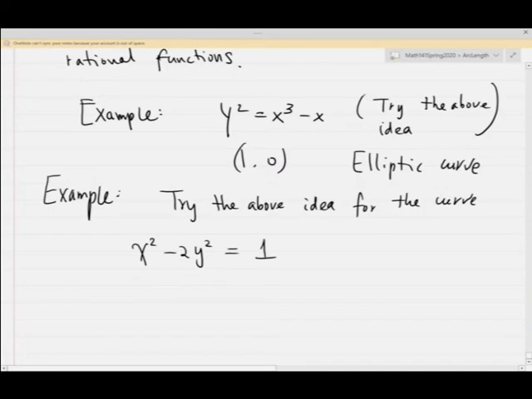Okay, so you can use the same idea. You can use the same idea to get a rational equation, to get a solution.